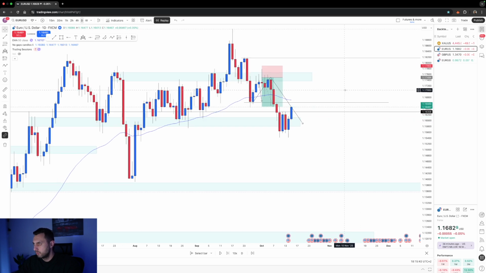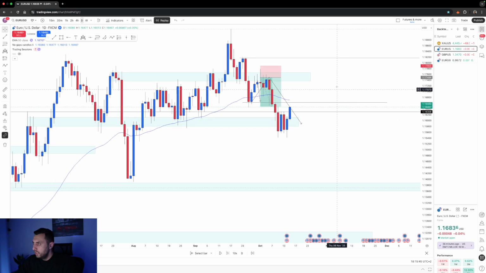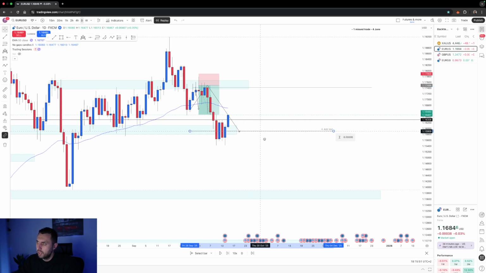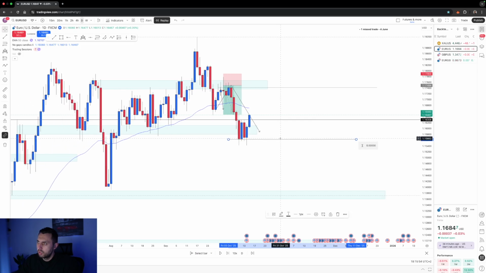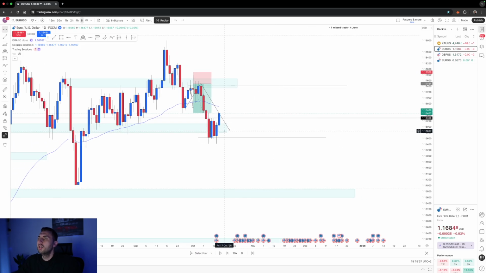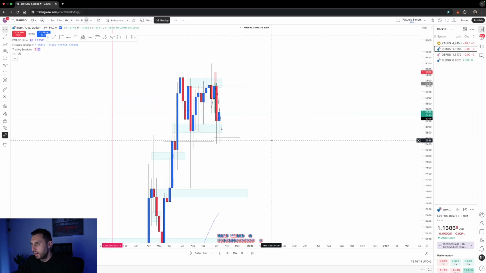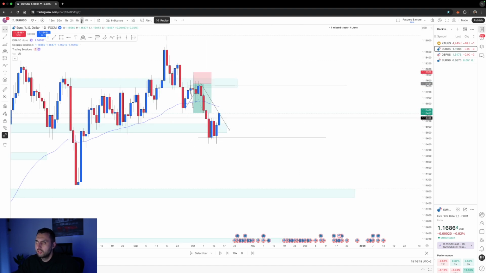Daily, I just want to update you guys. Daily is bearish. So I'm waiting for something like this head and shoulders, but inverted, in order to take a long, and the rejection on the weekly from the higher low, in order to think about taking a long trade.